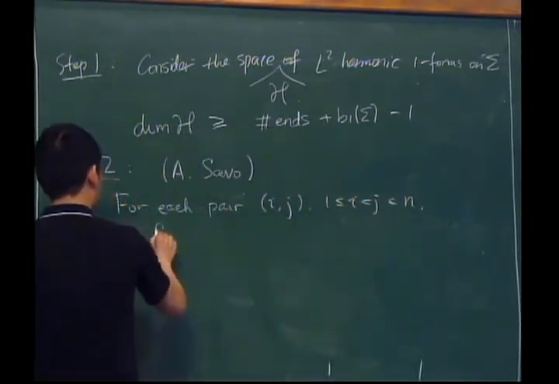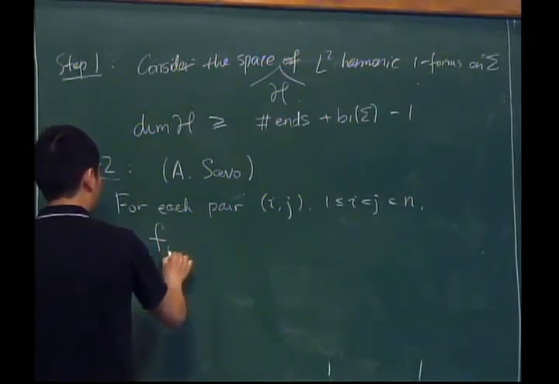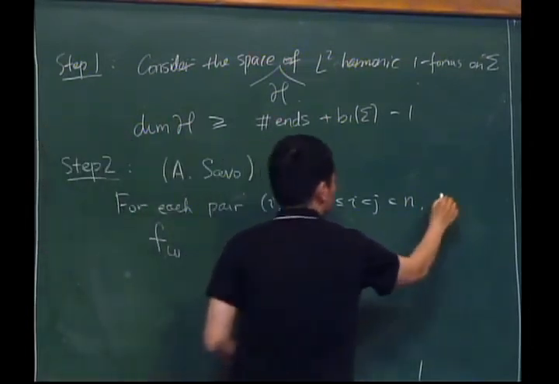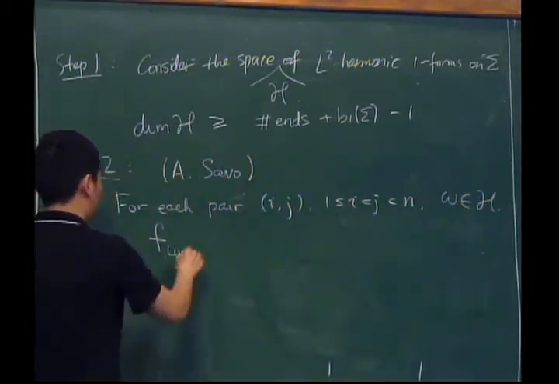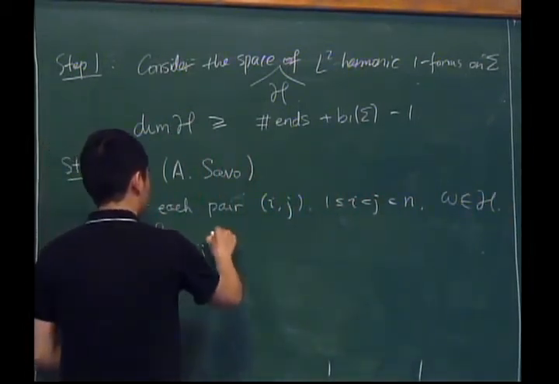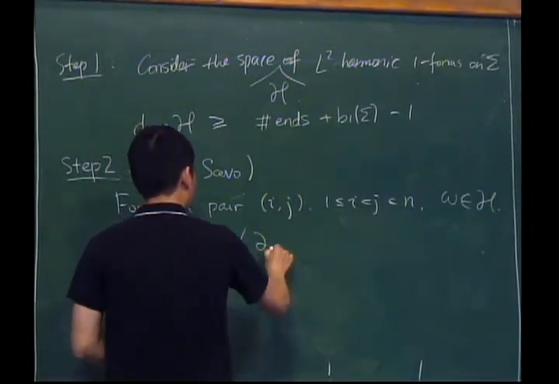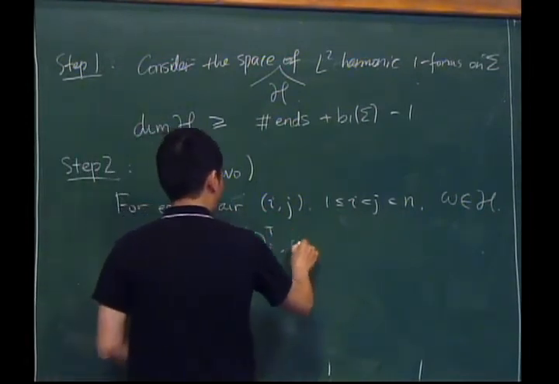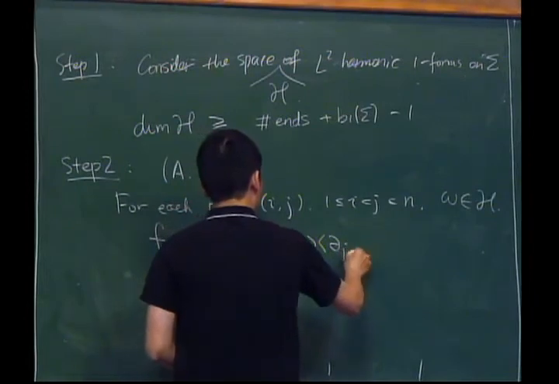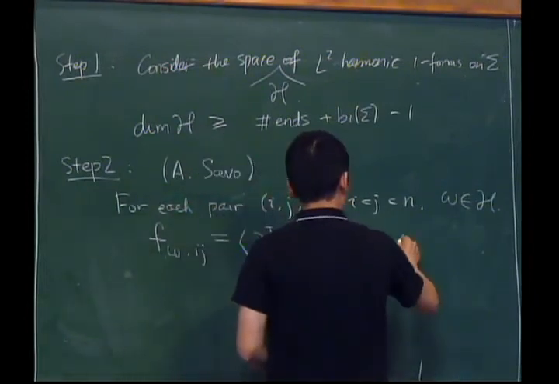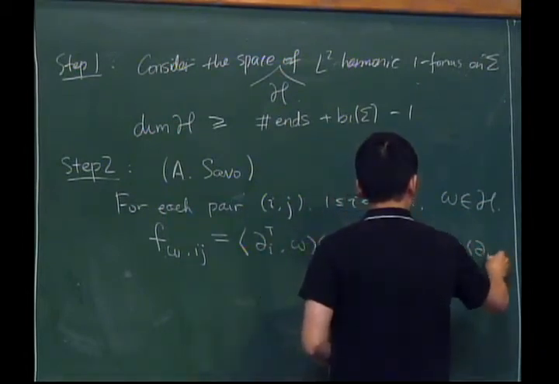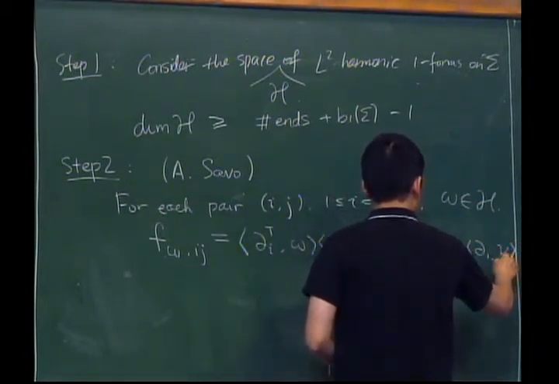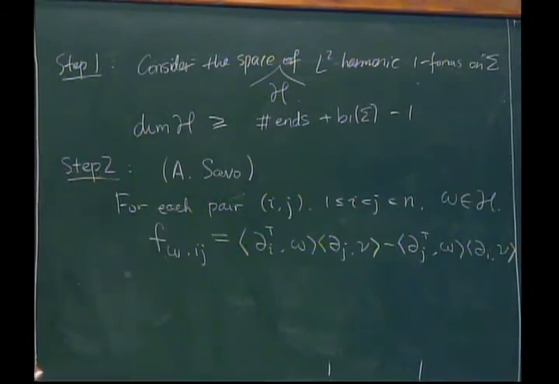We consider this function depending on a harmonic one form, where omega is an L2 harmonic one form, and indices i and j, defined to be d_i nu paired with the tangent part of omega, minus d_j nu paired with the tangent part of omega.